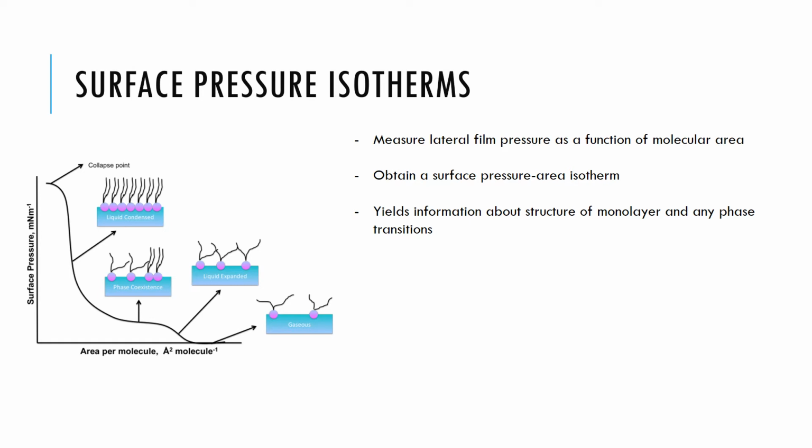So they start to all point in the same direction, perpendicular to the plane. And here you've got a mixture of phases, and that plateau in surface pressure that you can see is a phase transition.